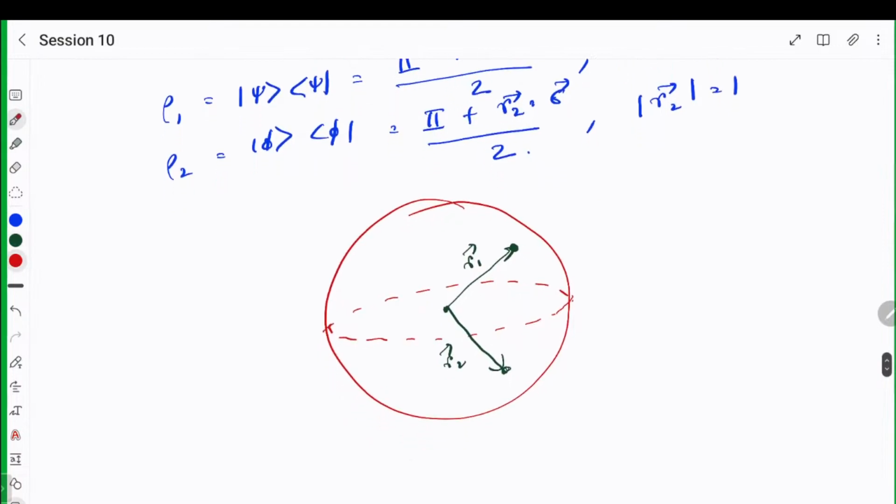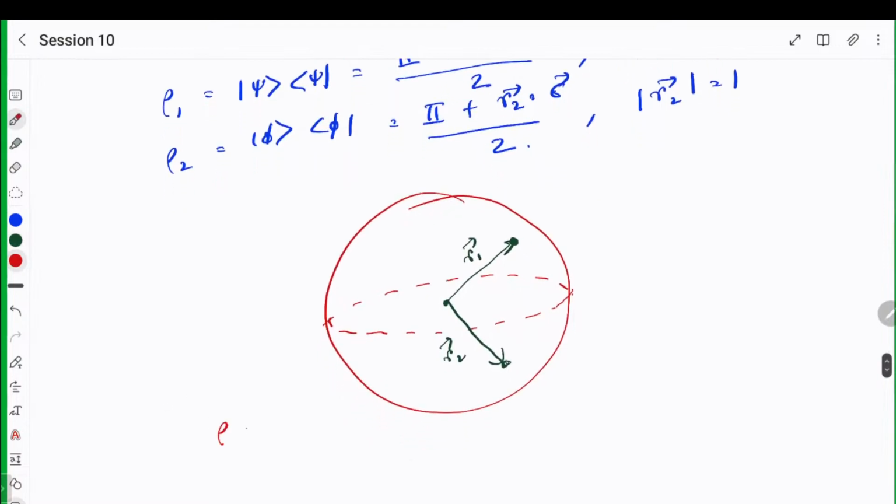So let's say we take the rho, which is alpha rho 1 plus beta rho 2. So basically alpha and beta are the probabilities of getting the pure states rho 1 and rho 2. And of course, because of that, alpha plus beta has to be 1.